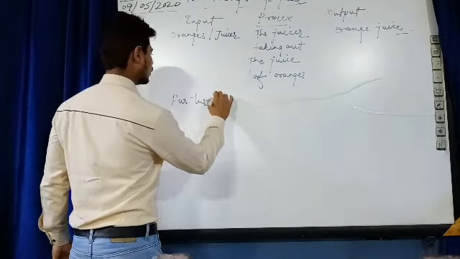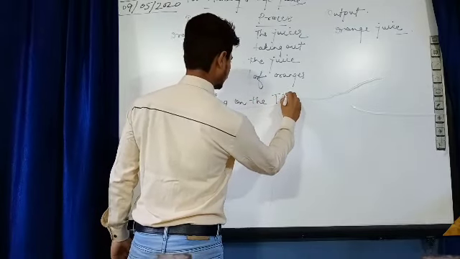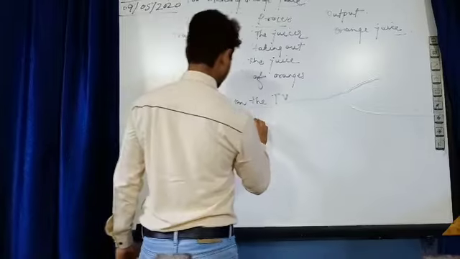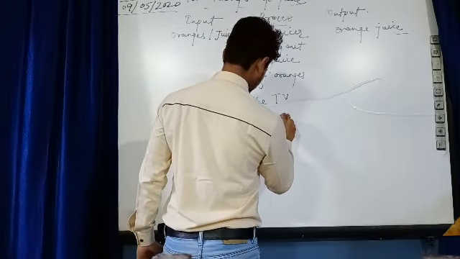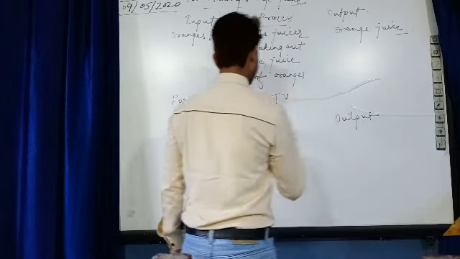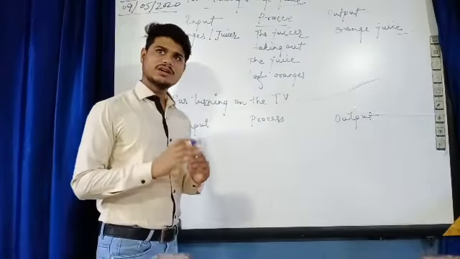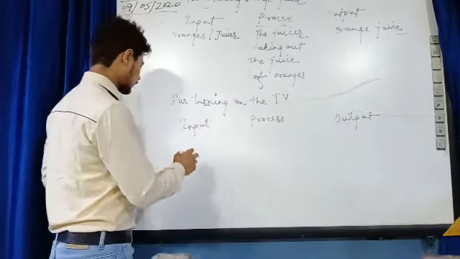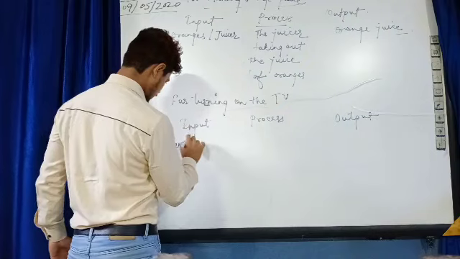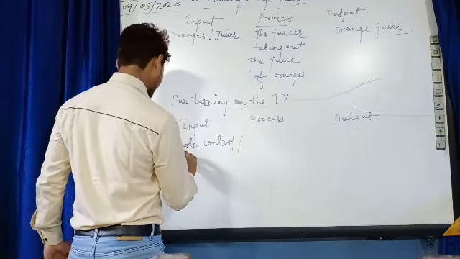Here is another example, for turning on the TV. For turning on the TV, the required input is the remote control and the TV itself.